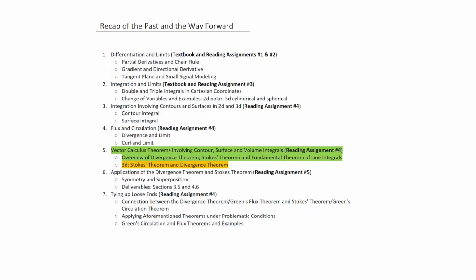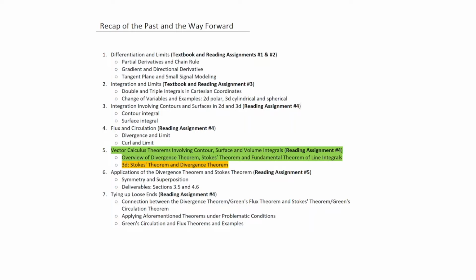The material for that comes from sections 3.5 and 4.6 of reading assignment 5. Towards the end, we'll be tying up some loose ends, which come from reading assignment 4. We'll show the connection between the divergence theorem and Green's flux theorem, and Stokes' theorem and Green's circulation theorem. The Green's theorems are effectively 2D analogs of the divergence theorem and Stokes' theorem in 3D.